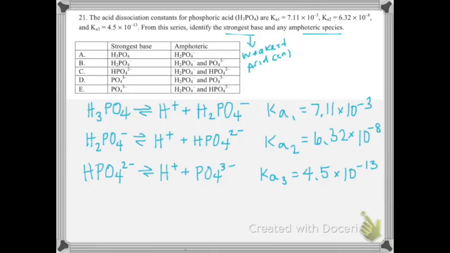Okay, and so looking at the Kas, we know Ka3 is the smallest, which means HPO4 2- is going to be the worst acid, making PO4 3- the best base. Okay, so we can already eliminate 3 options there.